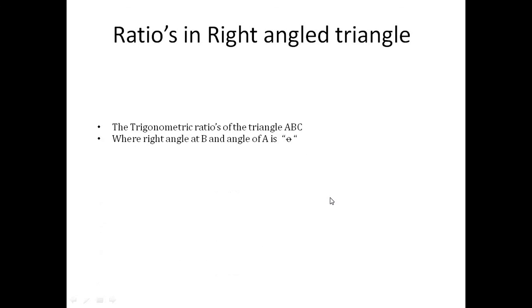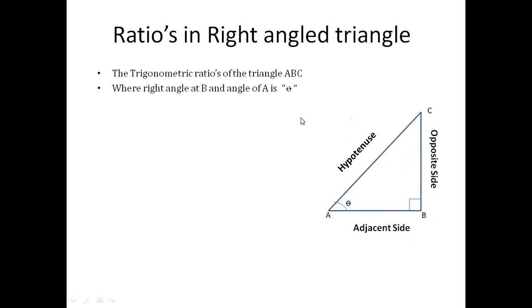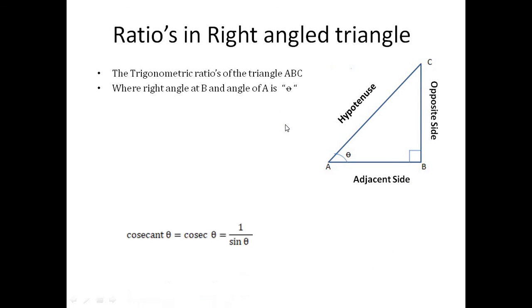Next ratios, we have the same definition. I have taken angle B as 90 degrees and angle A is theta. These are the reverses of the first three. Cosecant theta is equal to 1 by sin theta, the inverse of sin, which is hypotenuse by opposite side.